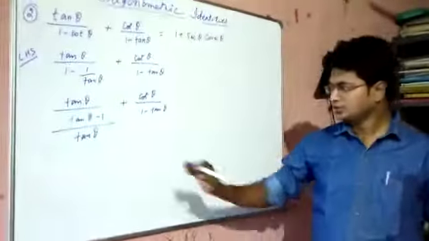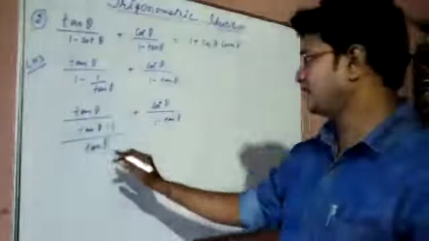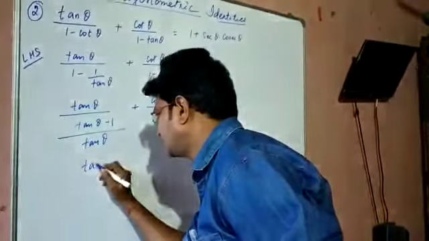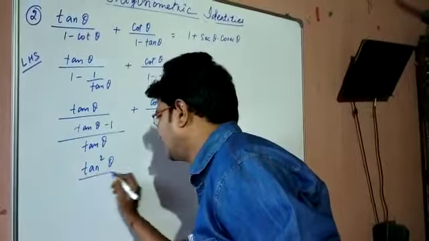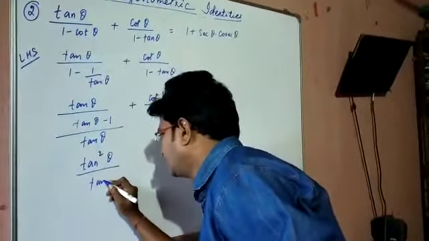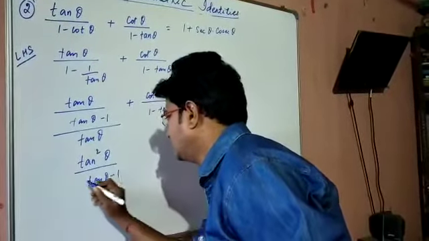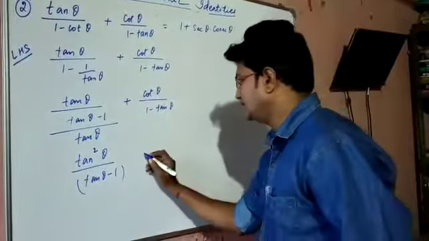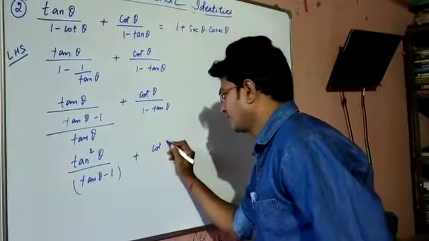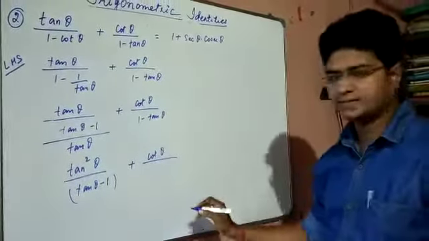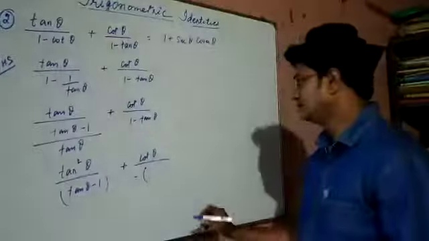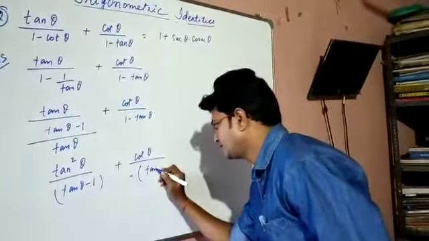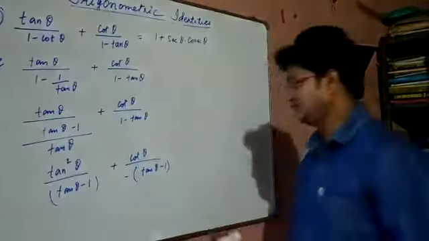Your next step, this tan theta will come in the numerator, so you are getting tan square theta by tan theta minus 1, and here cot theta. If you take minus 1 common, you will get tan theta minus 1.